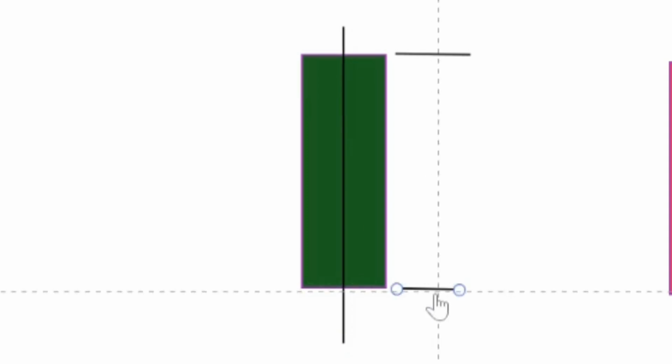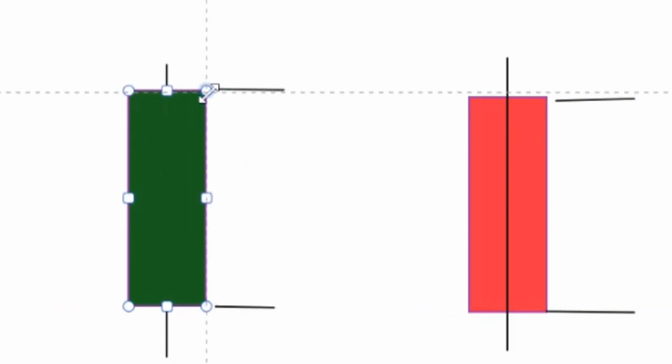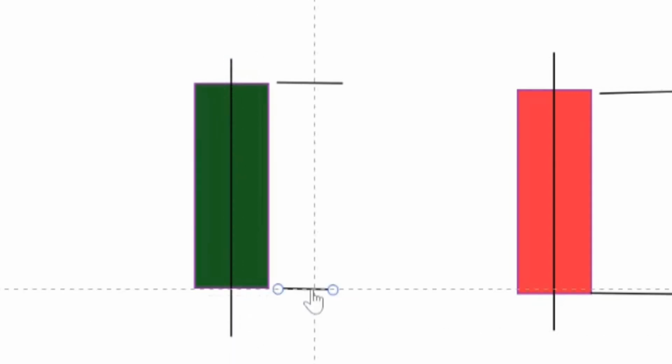Now this one here for a bullish candle, now pay attention, this is where a bullish candle is different from the bearish candle. So for a bullish candle, the opening price, this is where price started from. So this is the opening price right here, and this is the closing price. So we have the high, the low, the opening price and the close price.